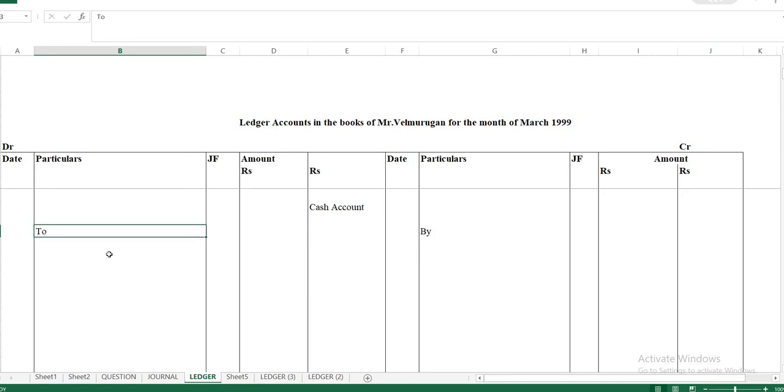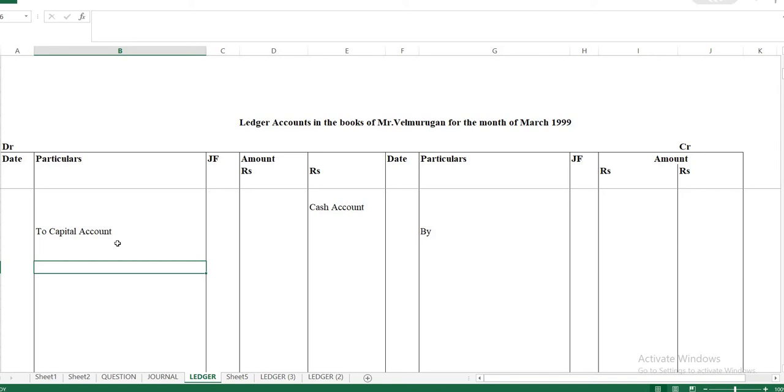And next thing, whenever you are starting up business only with cash, then you will prepare the cash account and mention it as 'to capital account'. You will be showing it like this. But if you are going to bring some cash along with your assets also, then you will be writing 'to balance brought down'.